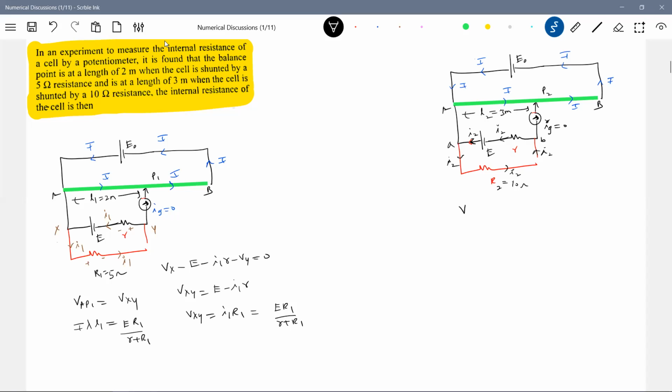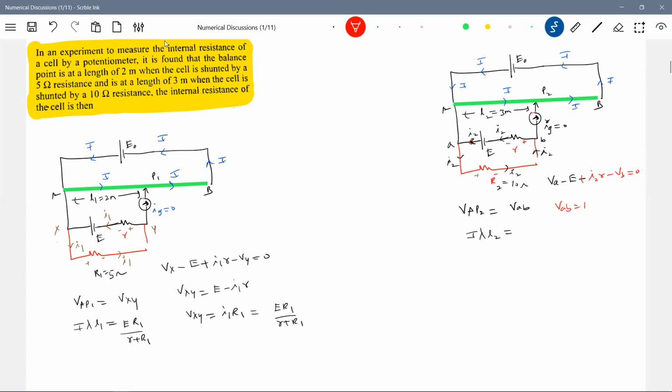Now similarly here, VAP2 should be equal to VAB. What is VAP2? I lambda L2. And what is VAB? We'll go for it again. VA minus C. This is plus, no, this is plus. Polarities, I'll give the polarity. I forgot. Yeah. Now VA plus I2R minus VB0.